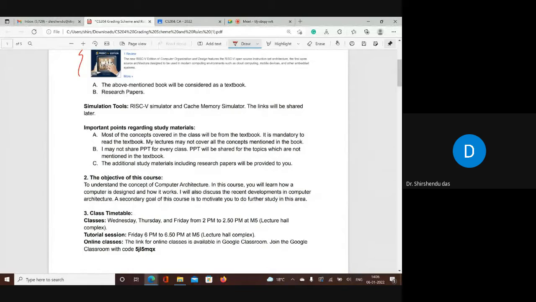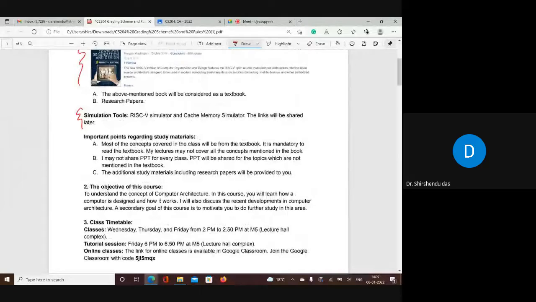One is called the RISC-V simulator, and another is a memory simulator called GemSim. The links of these 2 simulators will be shared with you, and there will also be separate tutorials on how to download, install, and start working on those tools. So don't worry, I will help you work on these simulation tools.